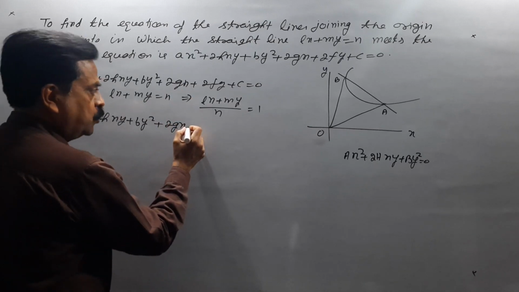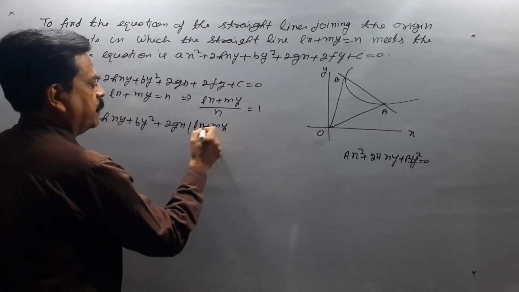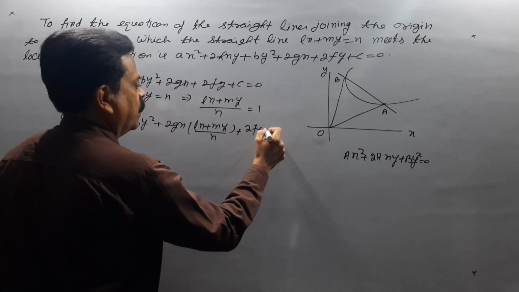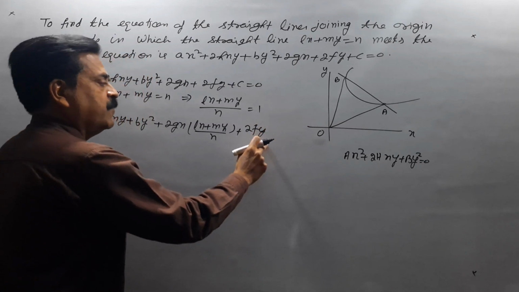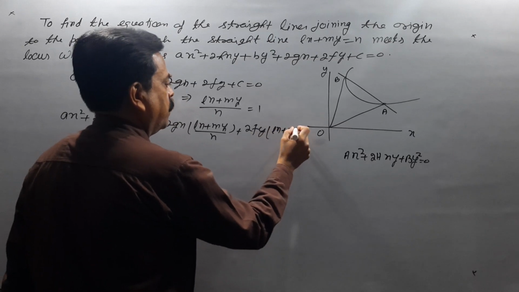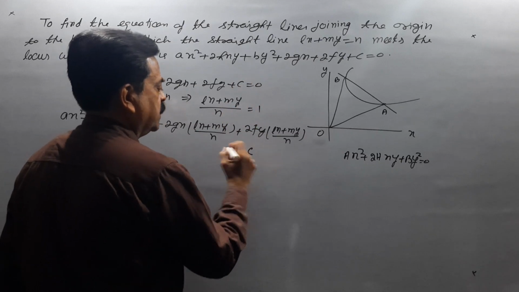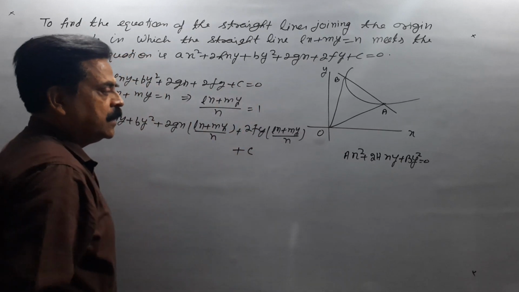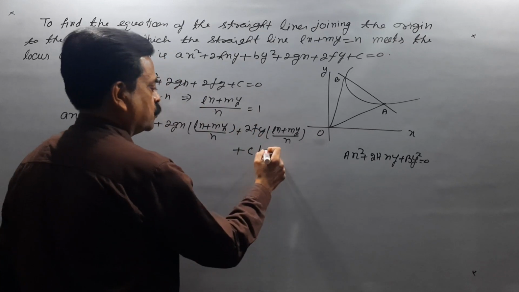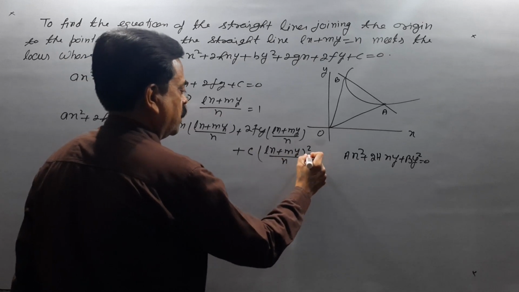So 2gx into 1, and the value of 1 is Lx plus my upon n, plus 2fy multiplied by 1, and the value of 1 is Lx plus my upon n, plus this constant c. This has no variable, so multiplying by the square of 1, and the square of 1 is Lx plus my upon n whole square equals to 0.